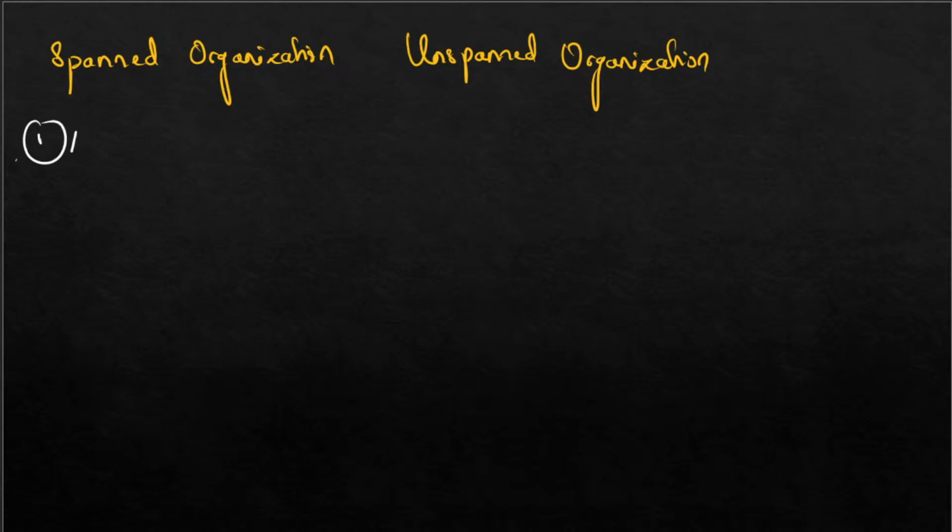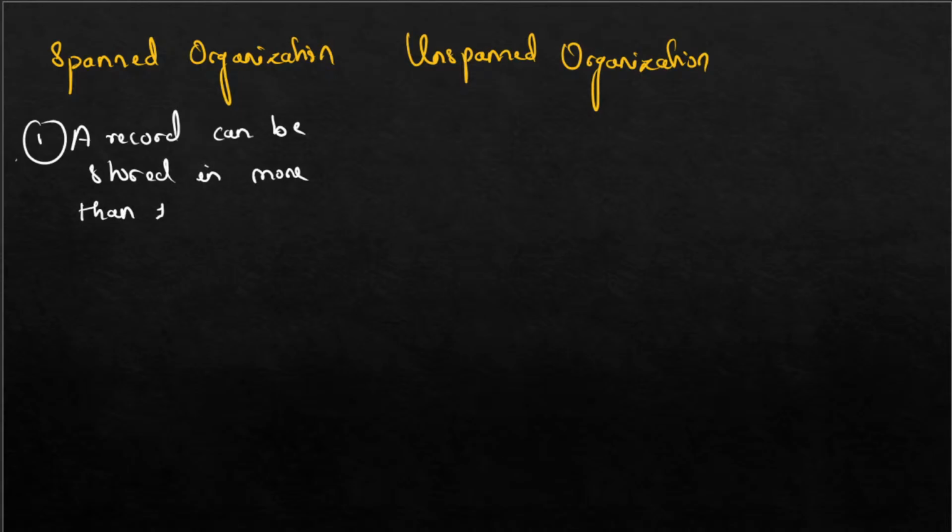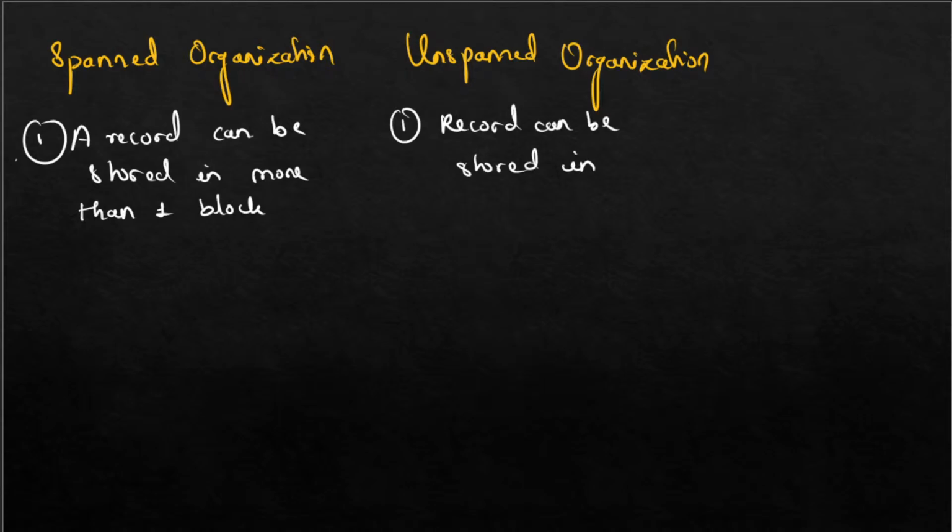So the very first: in spanned, a record can be stored in more than one block. Okay? And in unspanned, a record can be stored in a particular block only.